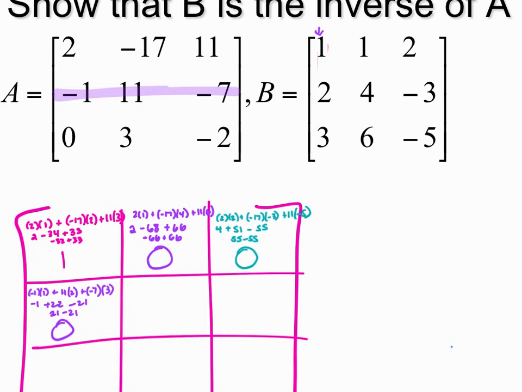Then I go row 2, column 2. -1 times 1 plus 11 times 4 plus -7 times 6. -1, positive 44 minus 42. 43 minus 42, which is 1.